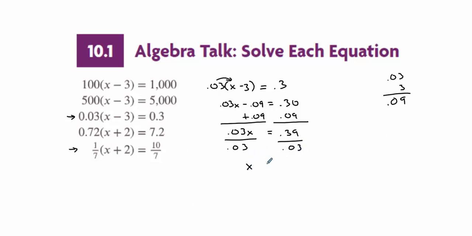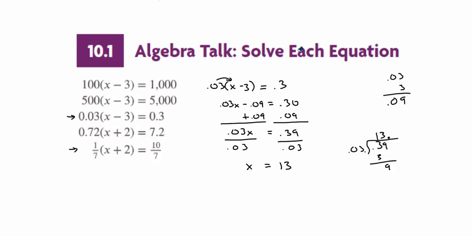So I have x is equal to 0.39 divided by 0.03. Put my decimal there. 3 goes into 3 one time. 9. 3 goes into 9 3 times. So I end up with x is equal to 13.